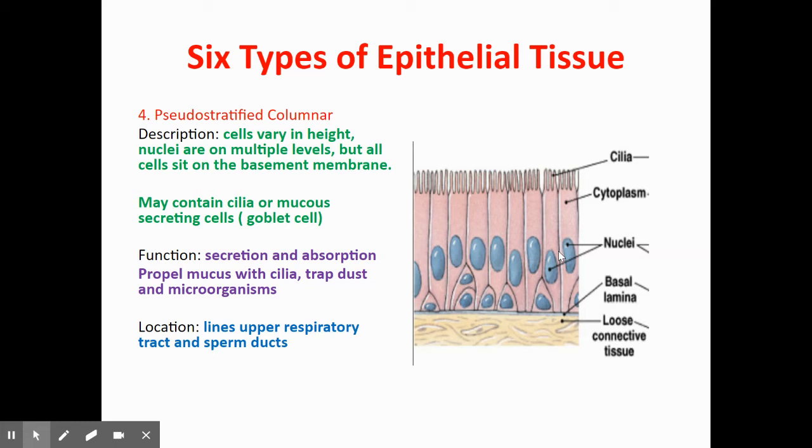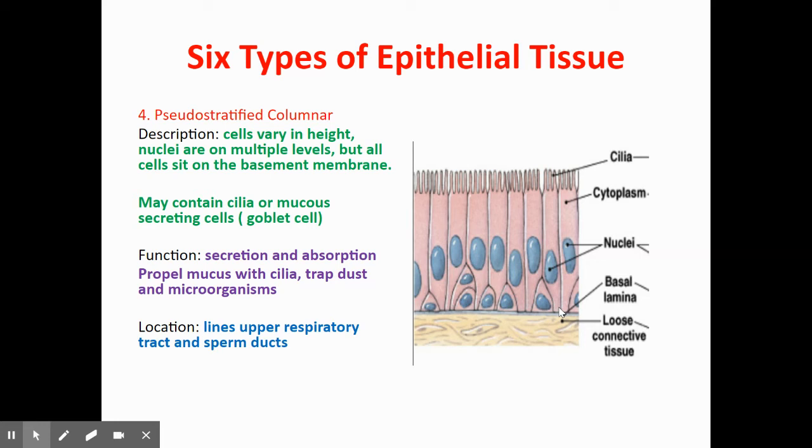But on further notice, all of these cells that you see here, each one of these actually touches what's called the basement membrane. If you look very closely, each one touches the basement membrane.